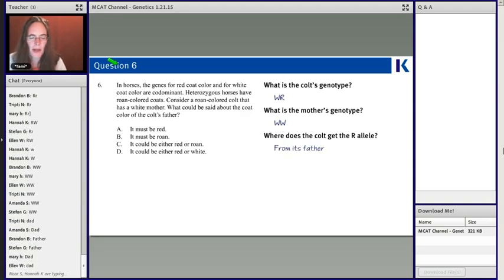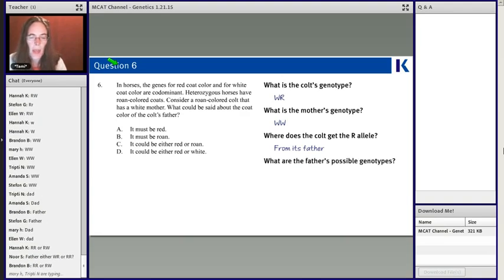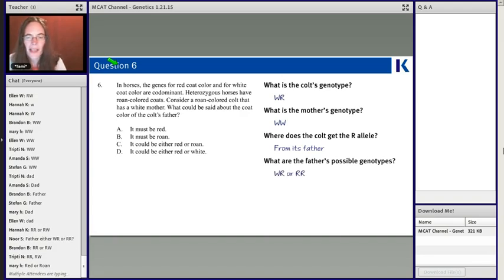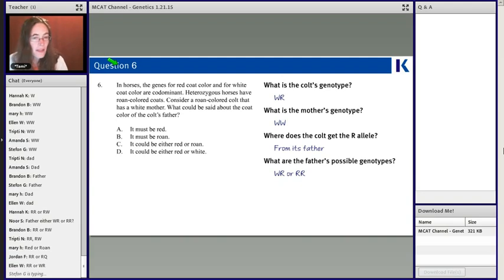You guys are correct. So what are the possible genotypes of dad? Nor, take that question mark away. Dad could have either been white-red or red-red. Either way, he could have passed that red on to his son.